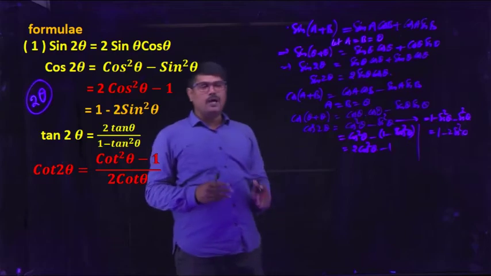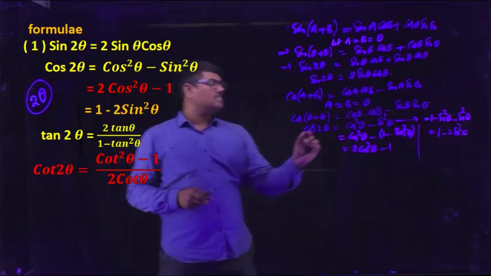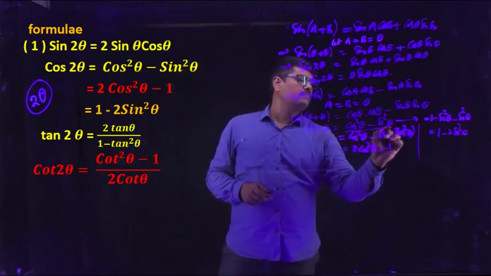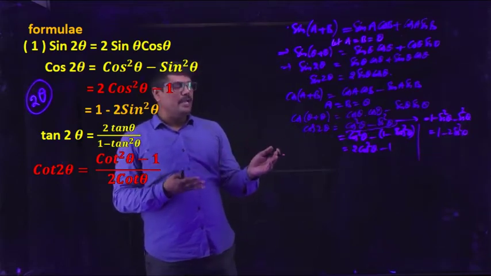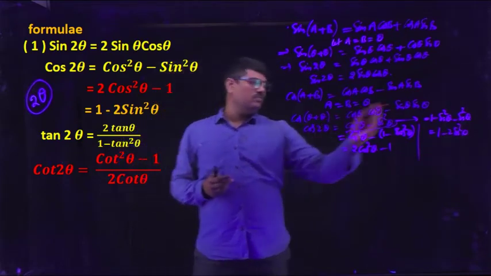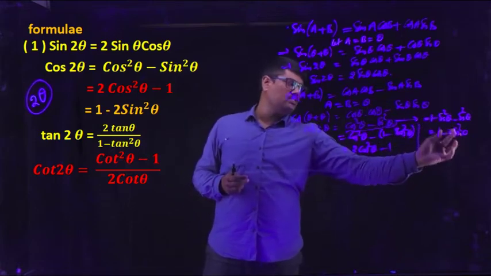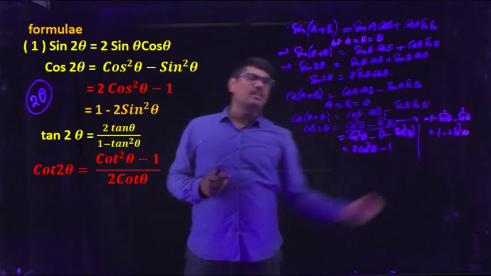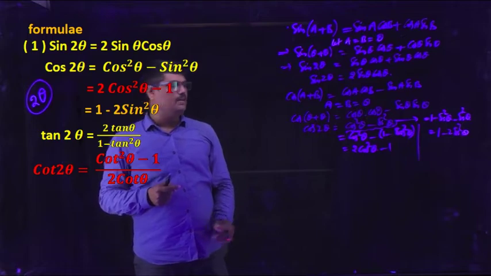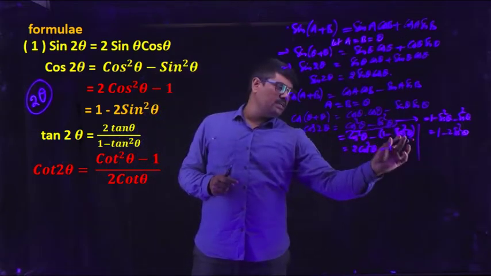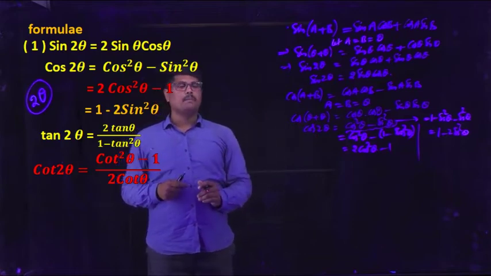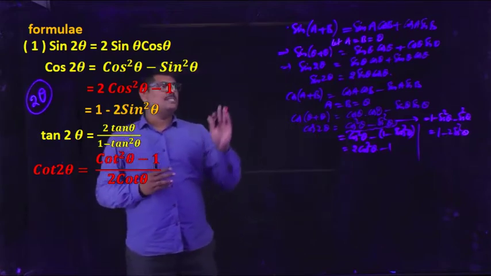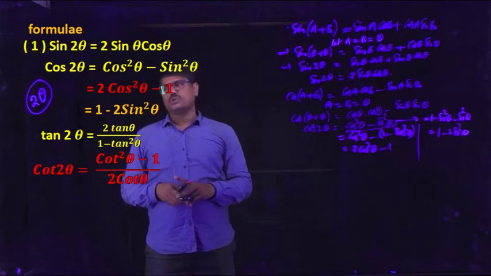So the basic formula for cos 2θ is cos²θ minus sin²θ. Changing cos²θ with 1 minus sin²θ, you get another format, 1 minus 2 sin²θ, and changing sin²θ with 1 minus cos²θ, you get another formula, which is 2cos²θ minus 1. So these are the formulas of sin 2θ and cos 2θ.